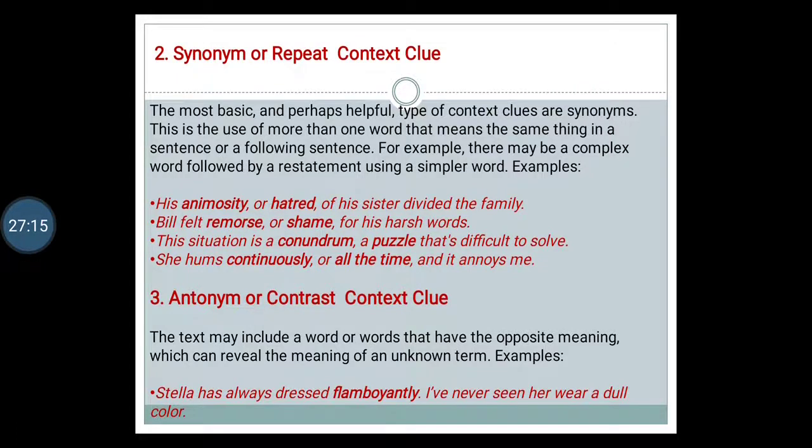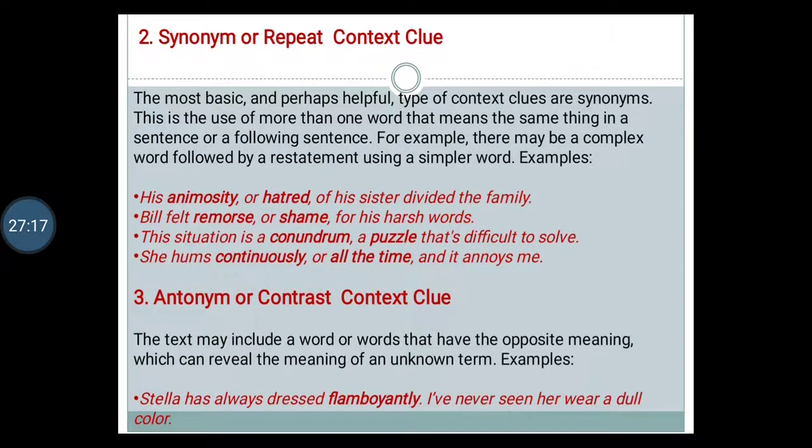All right. Another context clue is the synonym or repeat context clue. The second one, the synonym or repeat context clue. Now, the most basic and perhaps helpful type of context clues are synonyms. And we see this one often in comprehension tests or passages.